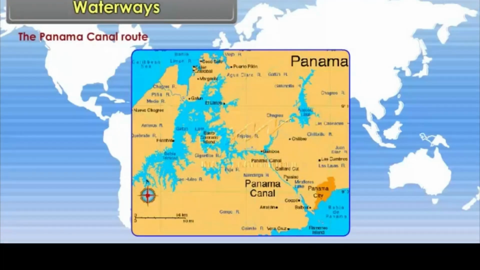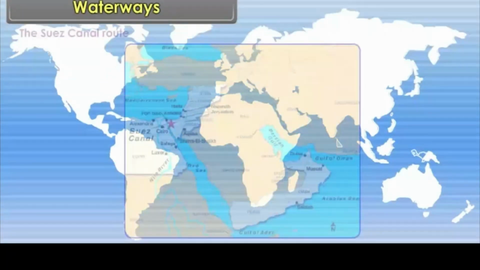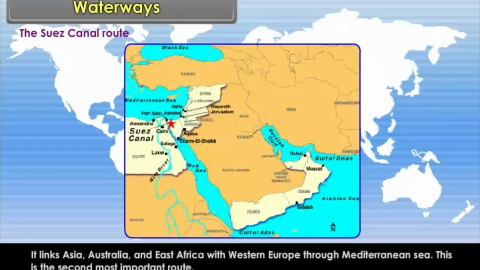The Panama Canal route. The Panama Canal route connects Pacific Ocean with Atlantic Ocean. This route connects Eastern America with Western America. The Suez Canal route. It links Asia, Australia and East Africa with Western Europe through Mediterranean Sea.